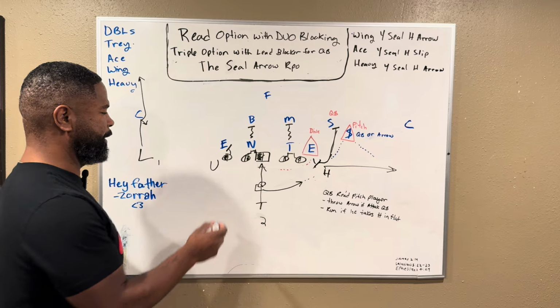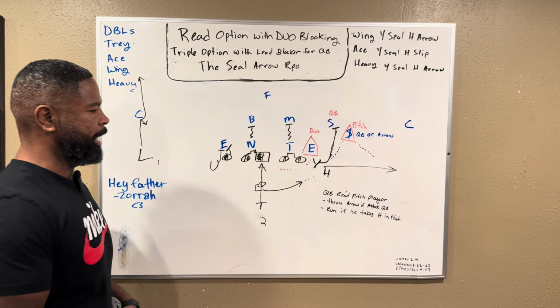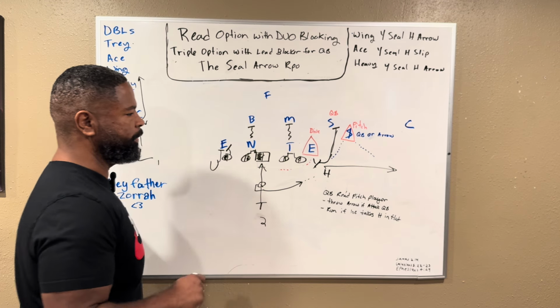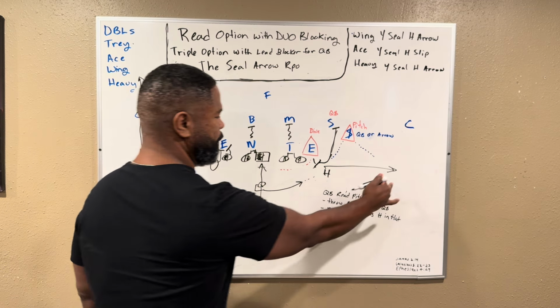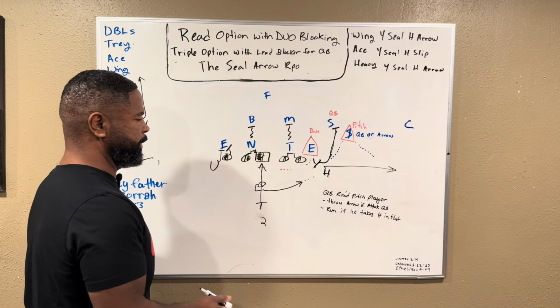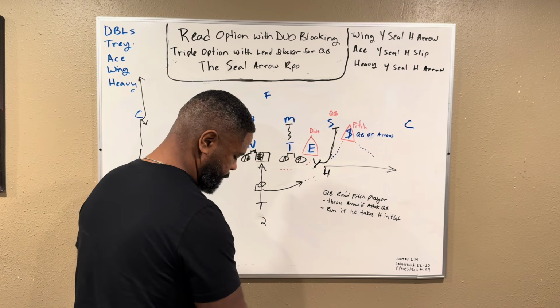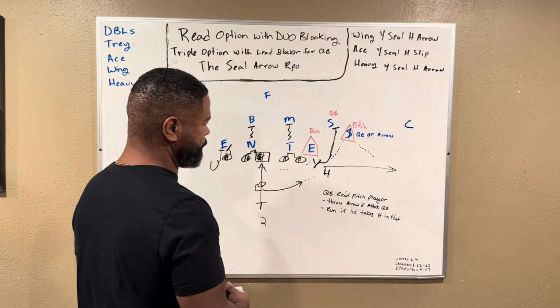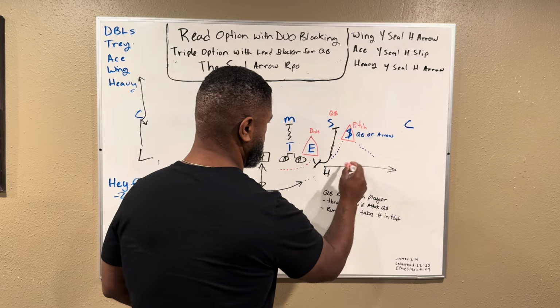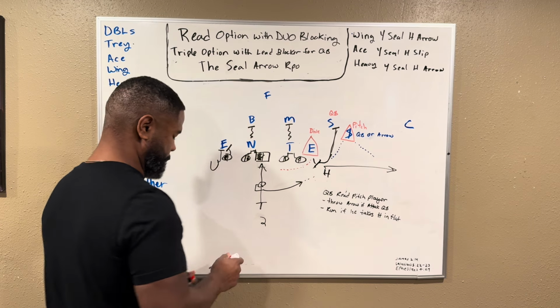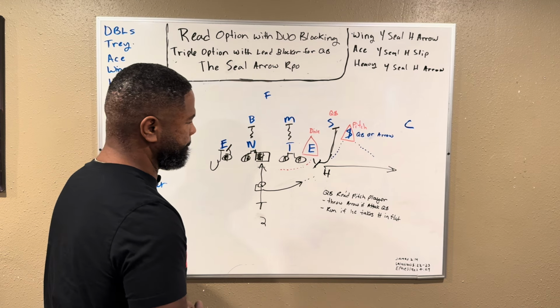That's the same play that we ran out of wing. The only difference is now we're in a nub situation where there's no receiver over here, twin tight ends over here. It's the exact same play, exact same reads.